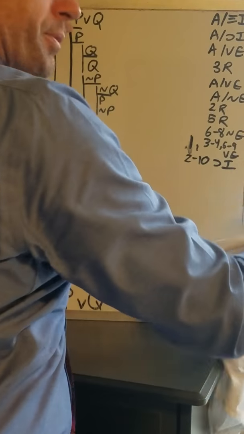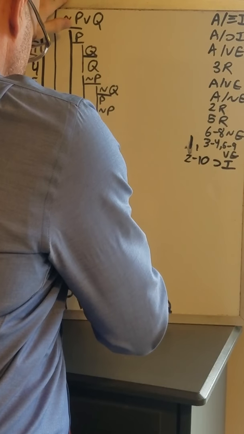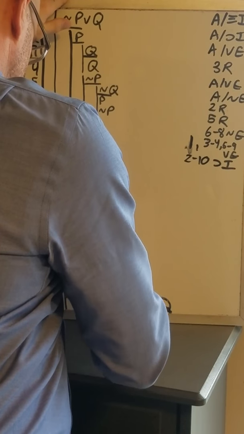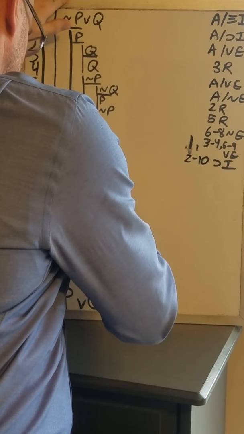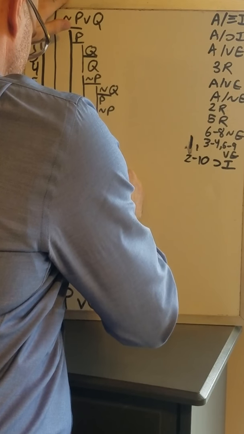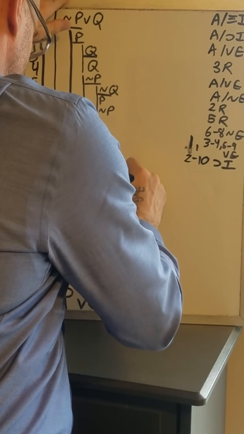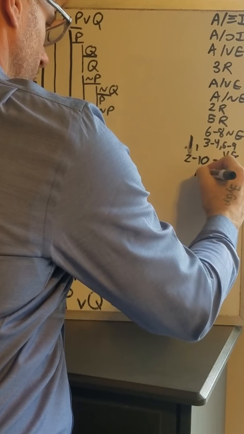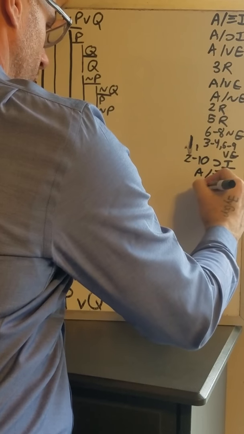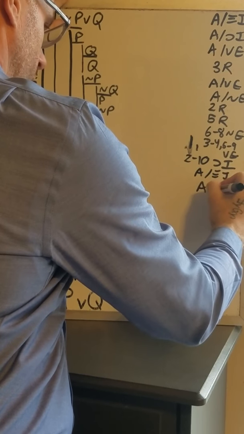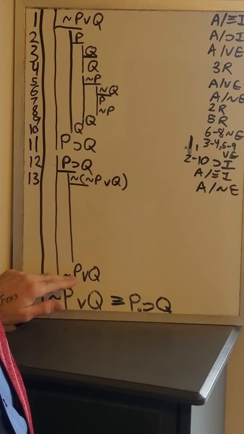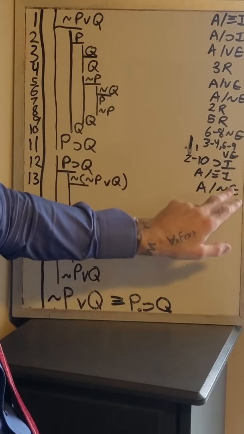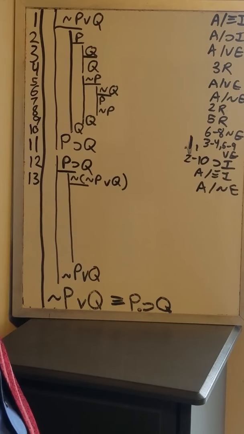So we need to open up a new subderivation, and we'll assume the opposite of what it is we're trying to prove for purposes of negation elimination.